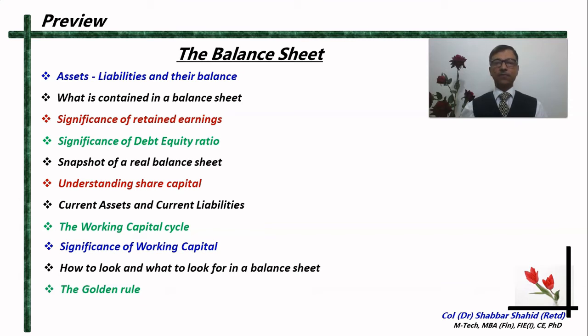If a balance sheet follows the golden rule, then it is good, but if it violates the golden rule, then you must avoid that company. And then we shall analyze a real life balance sheet in great detail and discuss certain key takeaways from that.